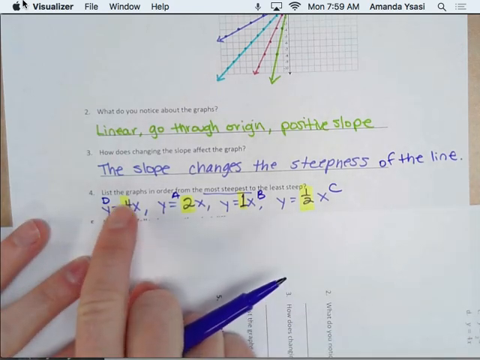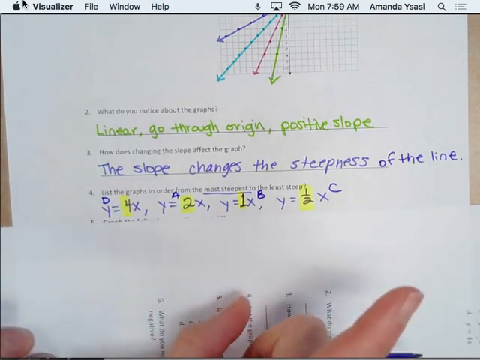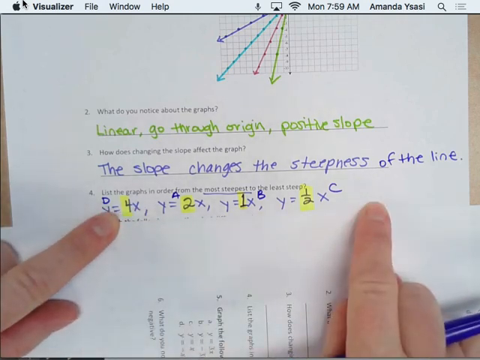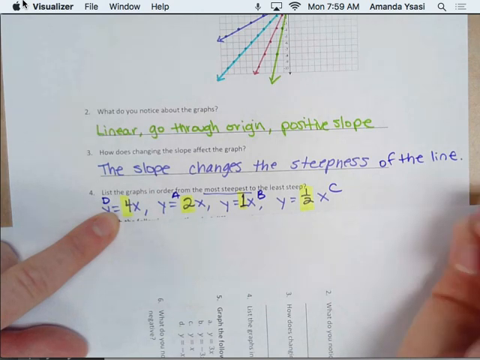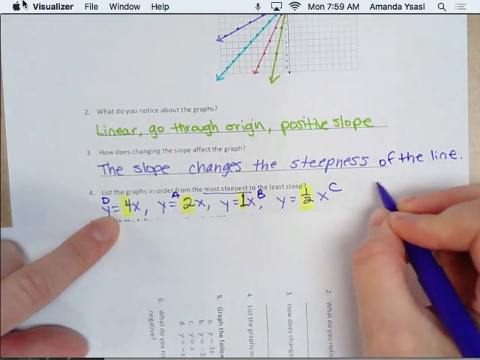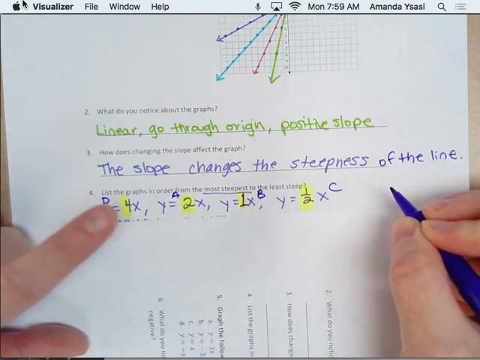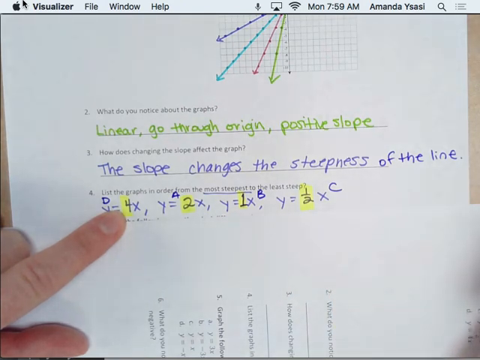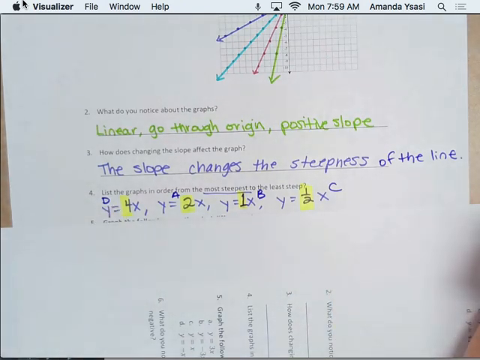The 4, so it's 4, 2, 1, half. So it goes from greatest to least on the numbers. Okay, so the larger the number, the steeper the graph.